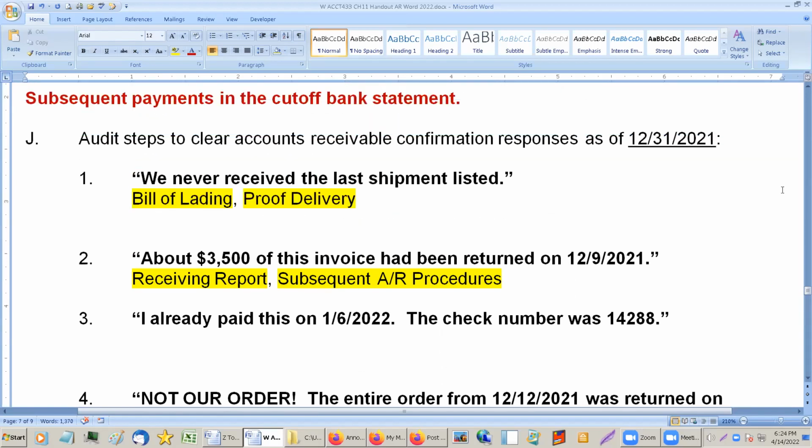So this is the accounts receivable verified responses as of 12/31. So this person, whoever their customer is, said, I already paid this on 1/6/2022.